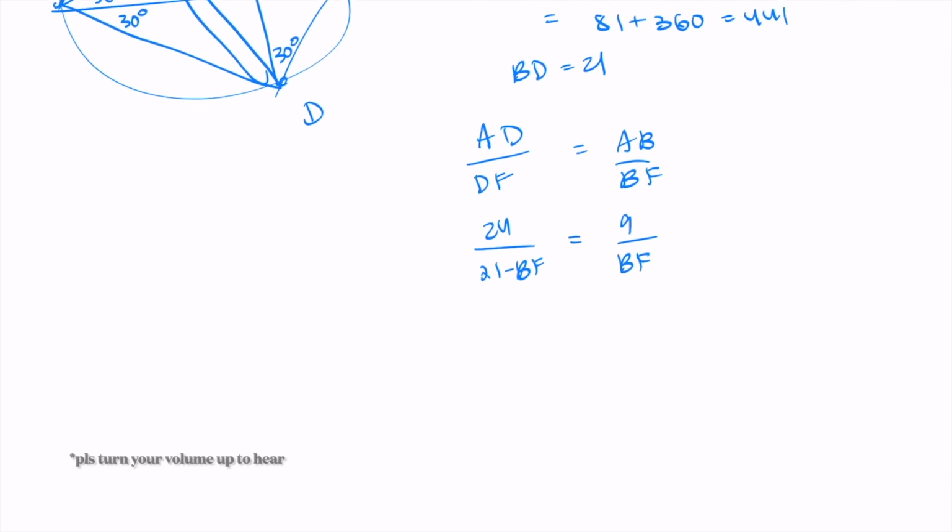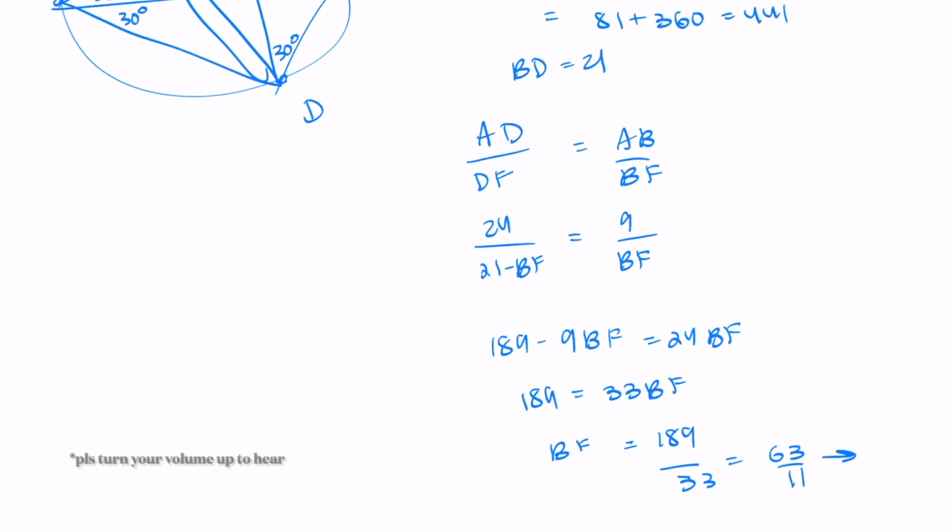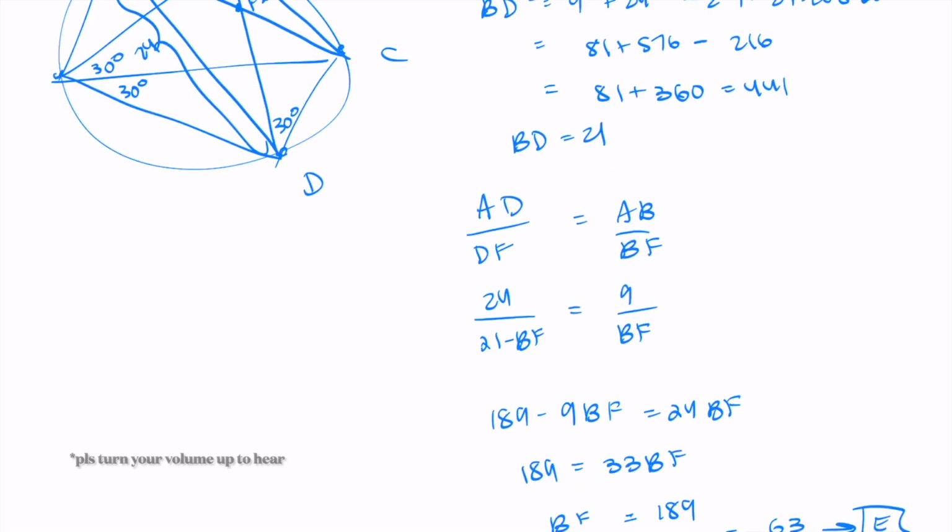Now we can just cross multiply to find BF. So 189 minus 9 BF equals 24 BF, which means that 189 equals 33 BF, and BF equals 189 over 33, which equals 63 over 11. So our answer is E.